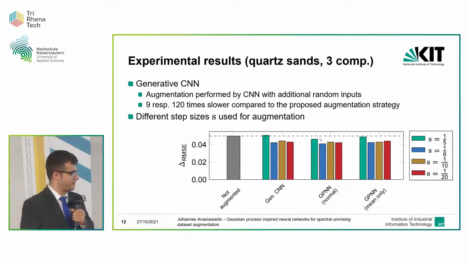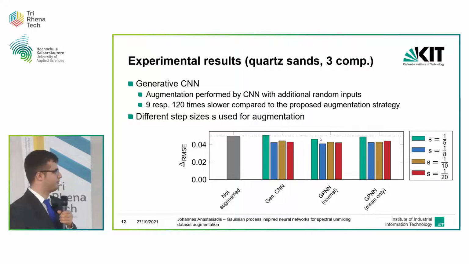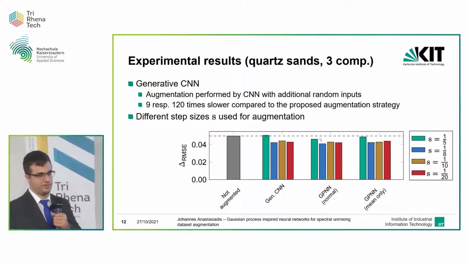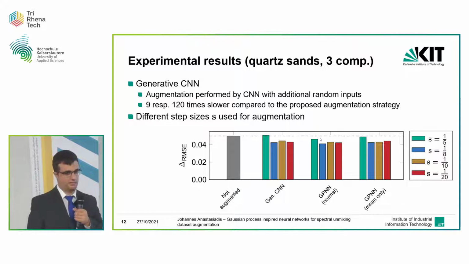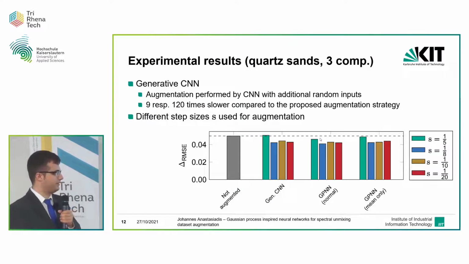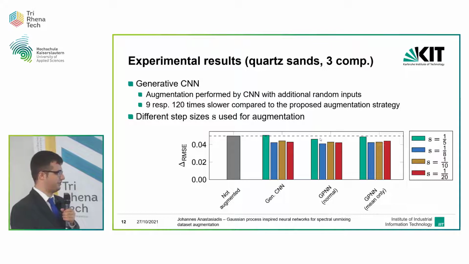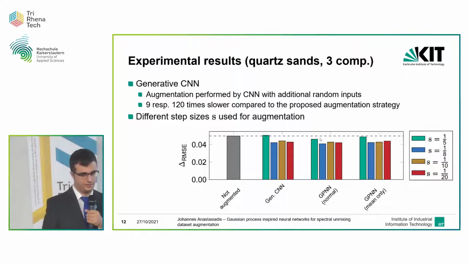As you can see, augmentation improves the results compared to the non-augmented data set, and it depends on the step size, but if it's small enough, it doesn't change much. And the approach presented today is as good as this one, although it's much faster. And even if you only use the mean vector, it's also relatively fast.